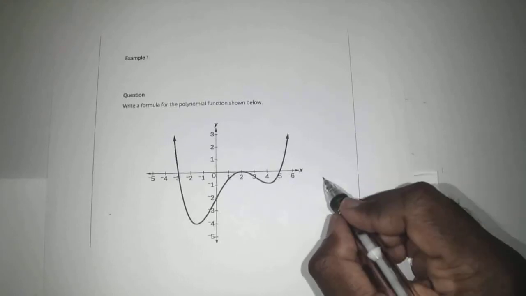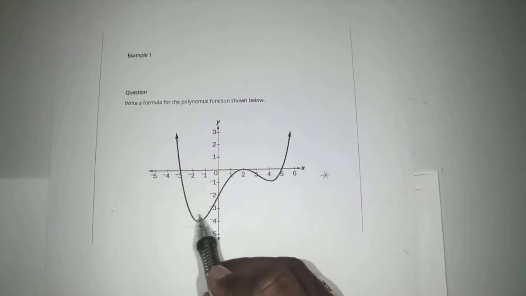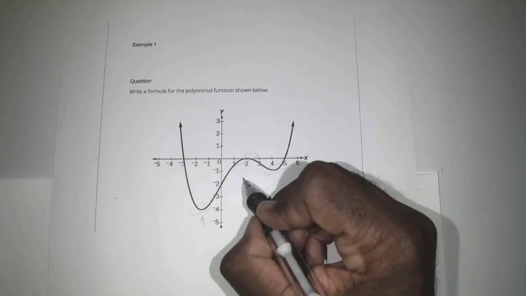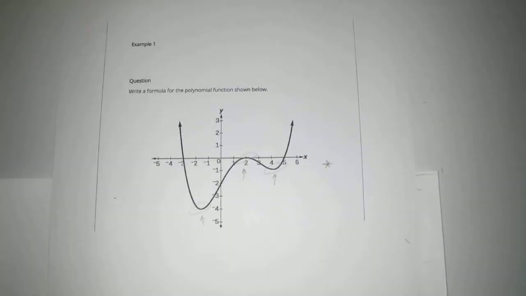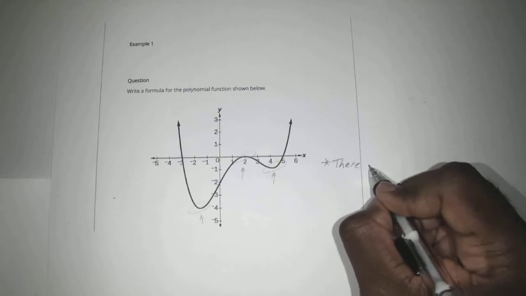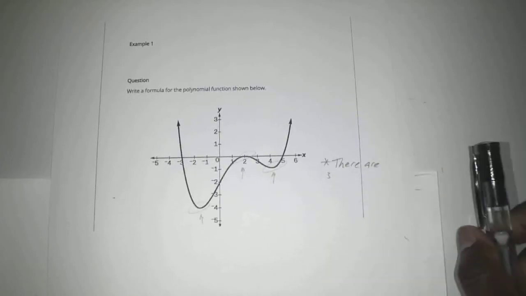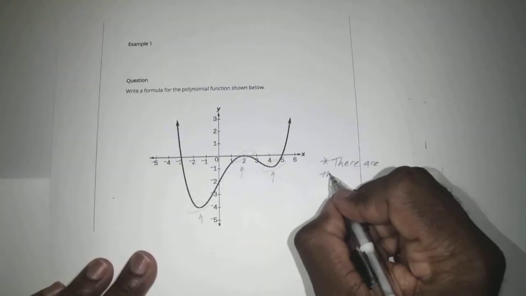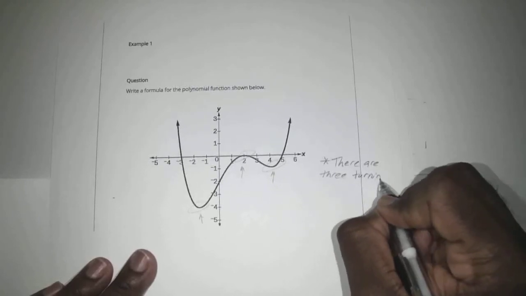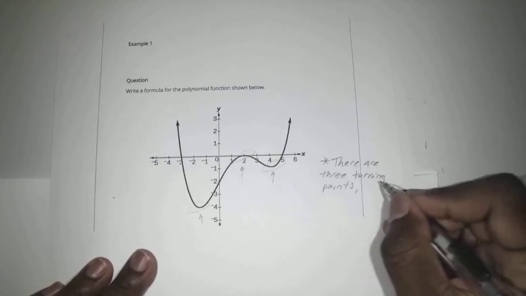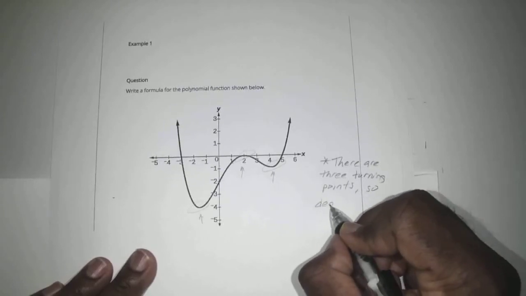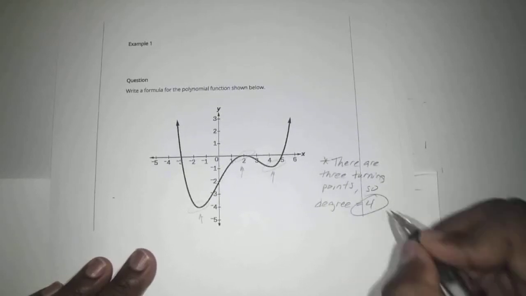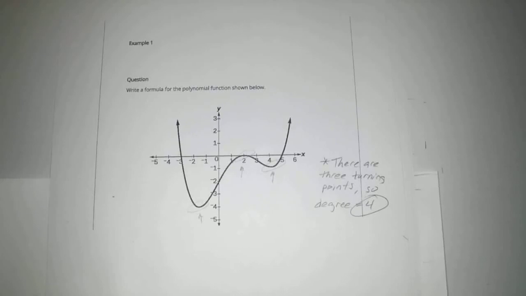Now the first thing you want to notice is that you have 1, 2, 3 turning points. So there are 3 turning points. So we know the degree will equal the number of turning points plus 1. So the degree is equal to 4. We can tell that before we start on anything else.